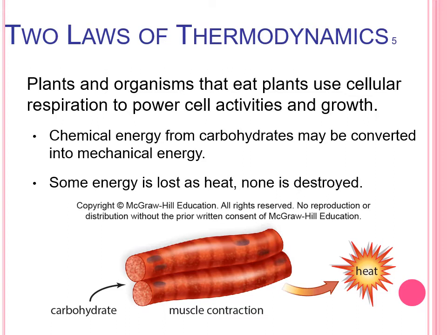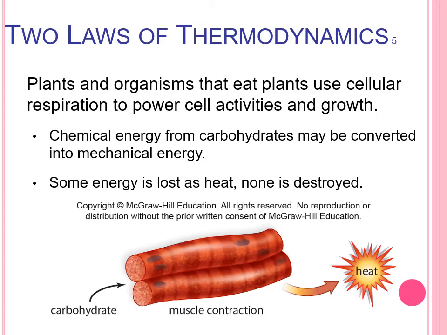As we saw in the previous slide, those chemical bonds were created in photosynthesis. And then the animal cell, in this case the muscle cell specifically, will be able to convert that stored energy into kinetic energy in order for muscle contraction to take place. And again, we can see here that one of the byproducts of doing work is heat.